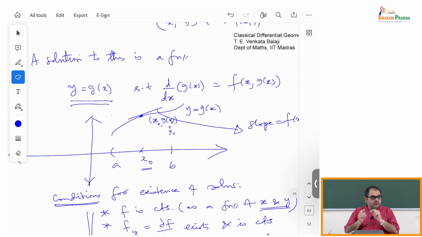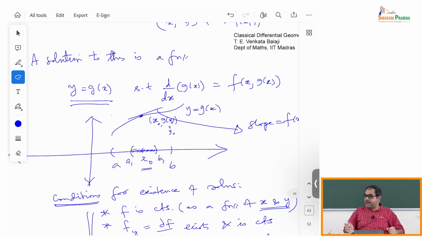The big deal is a very technical thing: it is not clear that when you solve around a point, the solution will be available only locally. You cannot expect the solution to live on the whole interval. So here is a crucial thing: you can only find a subinterval (a1, b1) of (a, b) so that in that subinterval you get a solution.